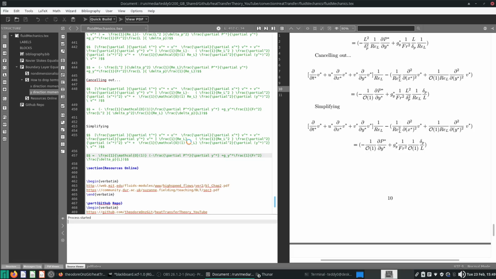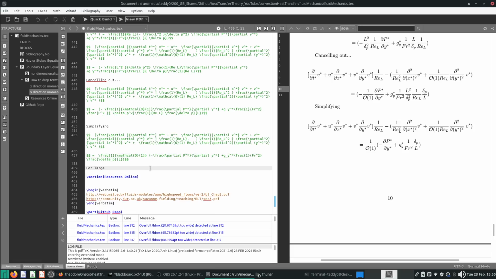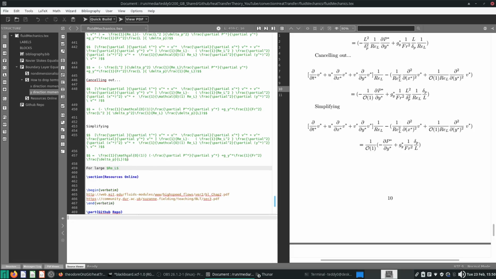For this part, REL is pretty big, right? REL is pretty big. So for large REL, the whole left hand side just becomes 0.